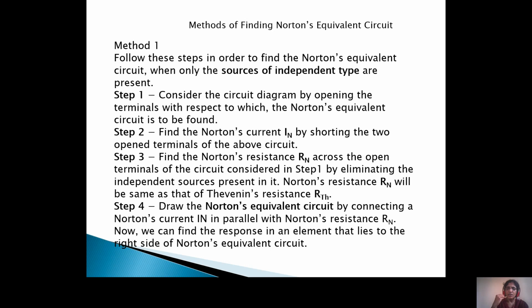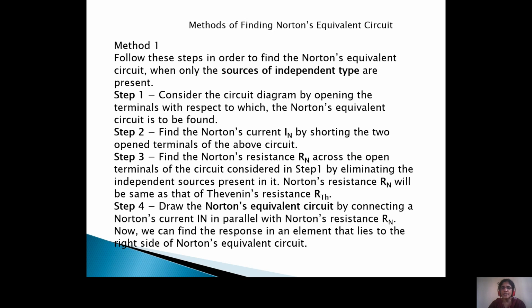That means when you find RN, you open that terminal, and for the remaining sources, a voltage source must be shorted and a current source must be opened. The same way we find Thevenin's equivalent circuit, we find it in Norton's also.